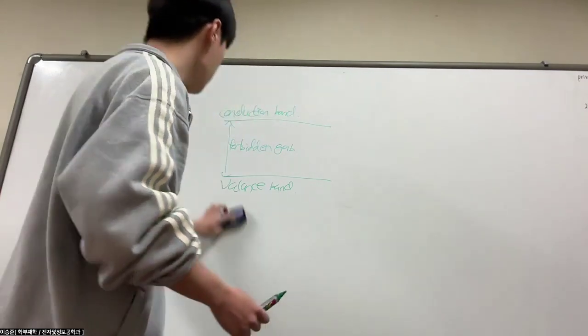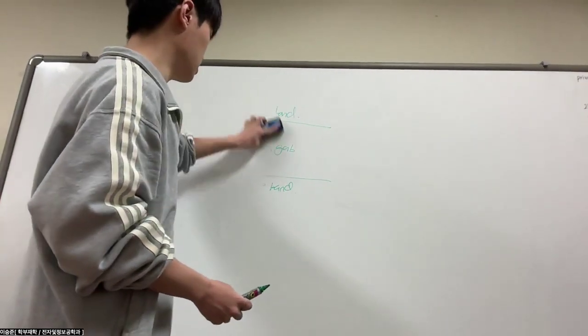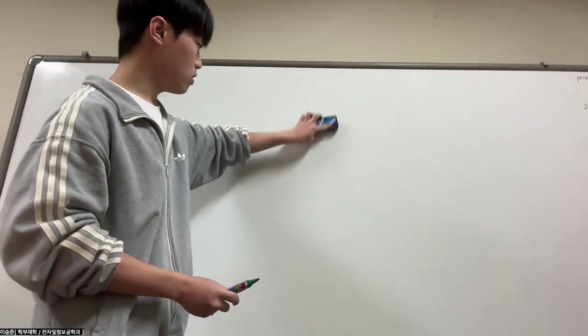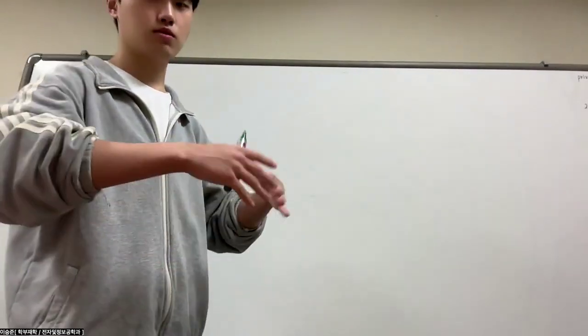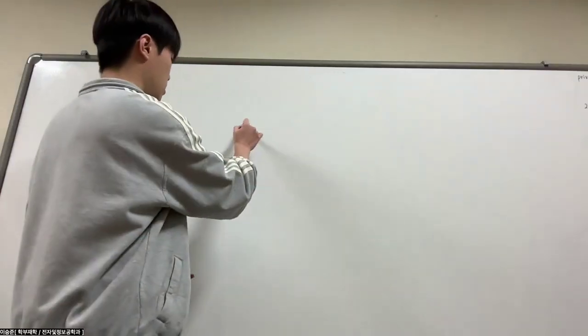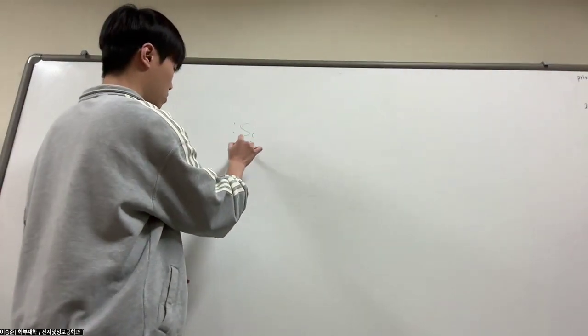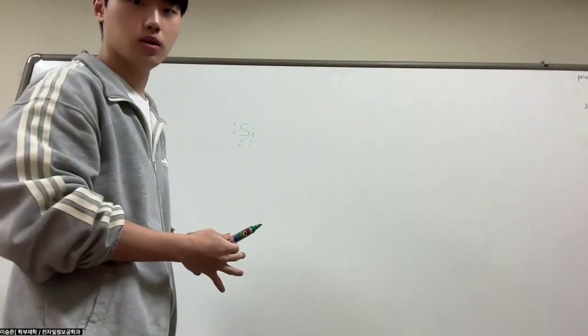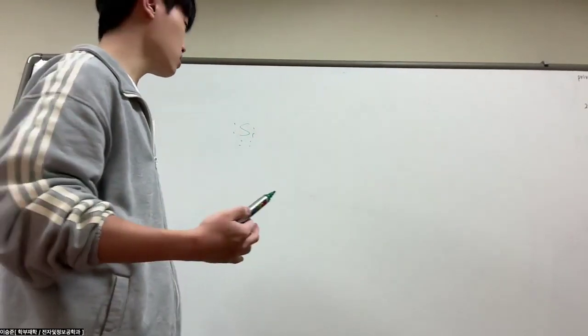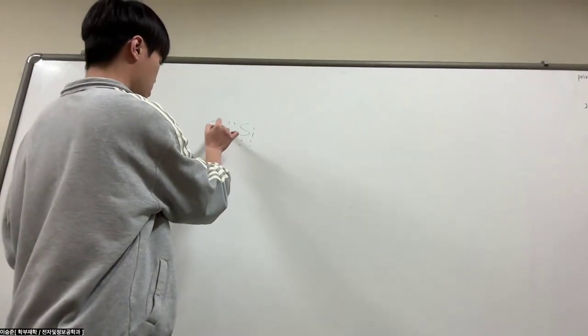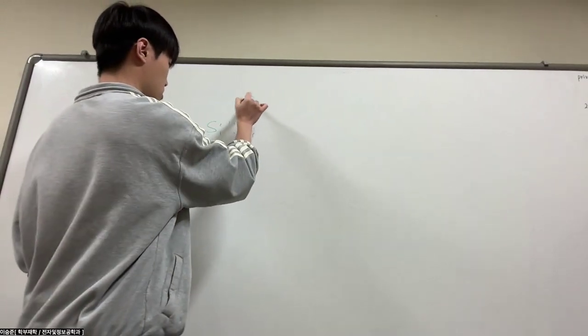So silicon has four electrons on the outside, so they have covalent bonding, and usually it is stable like this.